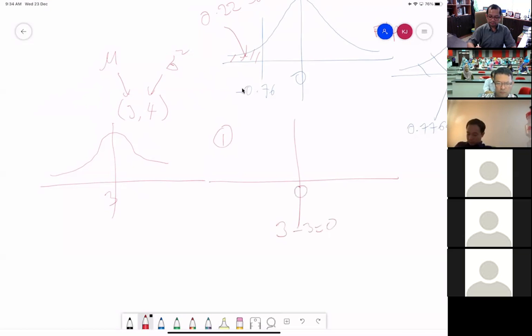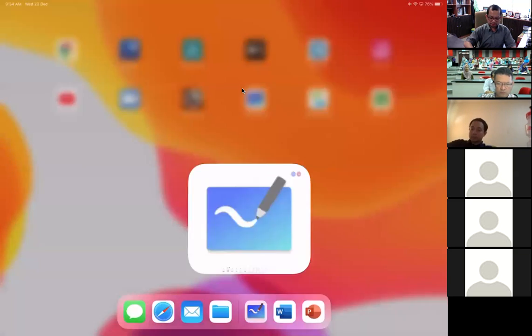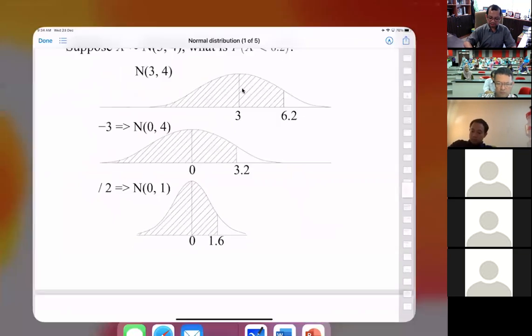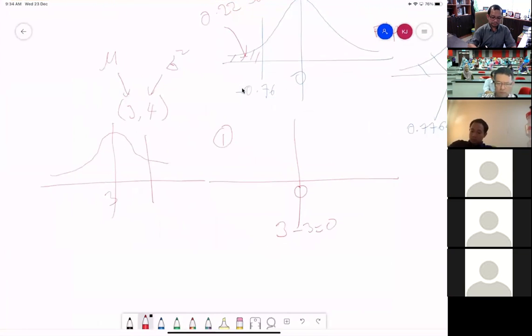So this is 0. And we want to know 6.2. This point 6.2 also moves by the mean, minus 3. Then you divide by the standard deviation, which is 2.